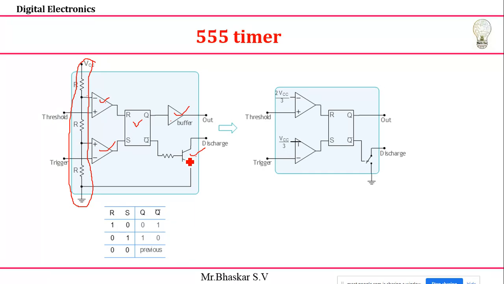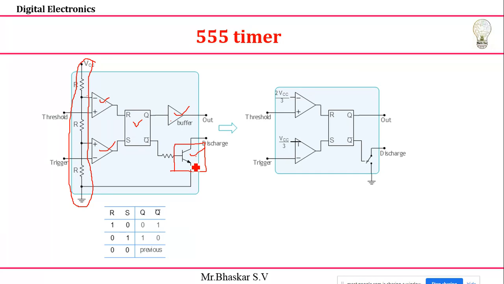Okay. First, I'm looking at my transistor. Here we have an NPN transistor, and we can use this transistor for many applications. We can use it as an amplifier, or we can use it as a switch, depending upon the modes of operation of the transistor. You studied in the first year, right?